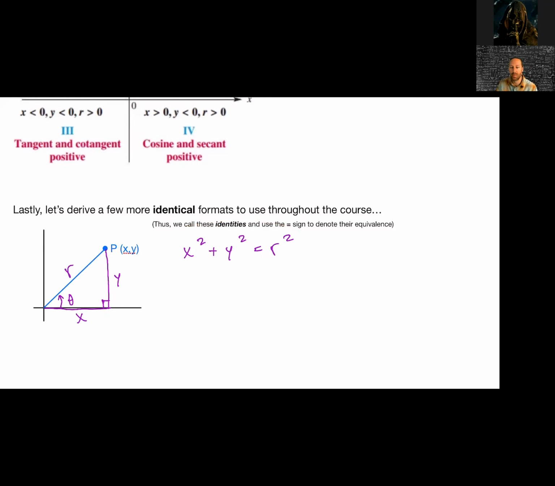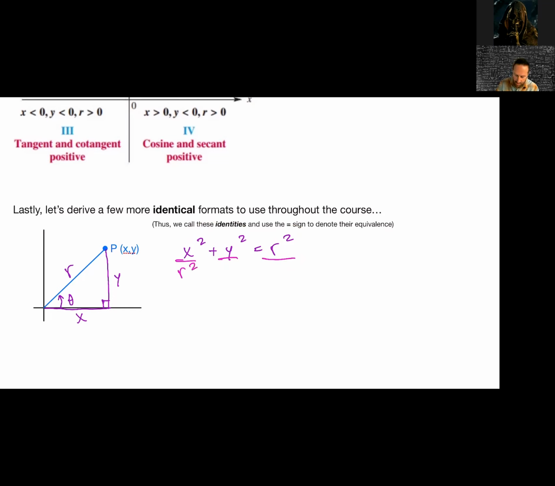I'm going to divide everything by, I don't know, what do you guys think? What would be a good thing to divide everything by? How about by the r squared? If I got all of this equals 1, that'd be pretty nice.